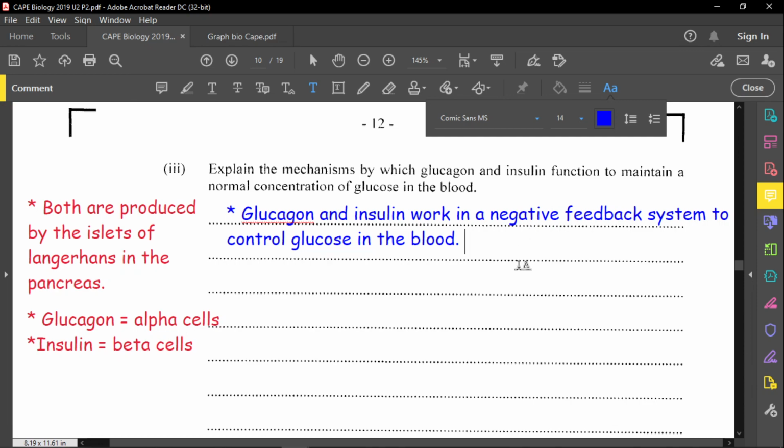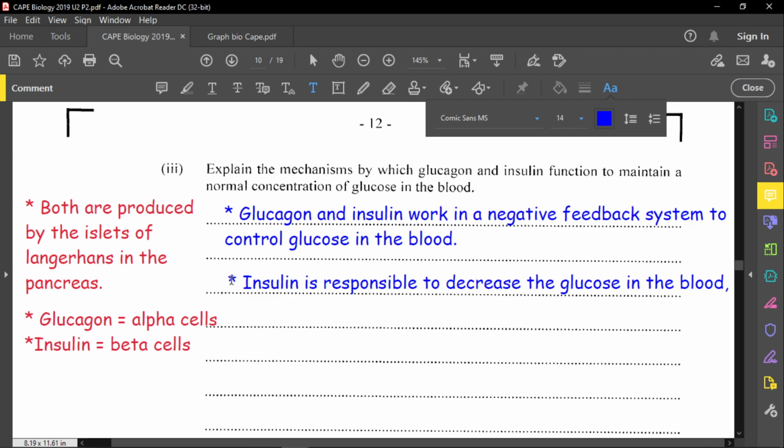Now the next point to make right here is that insulin is responsible to decrease the glucose in the blood. All right, so that's the purpose or the function of insulin, to decrease the amount of glucose present in the blood.